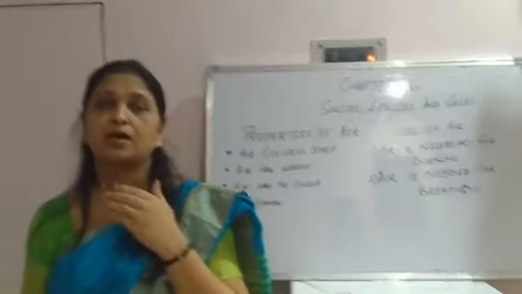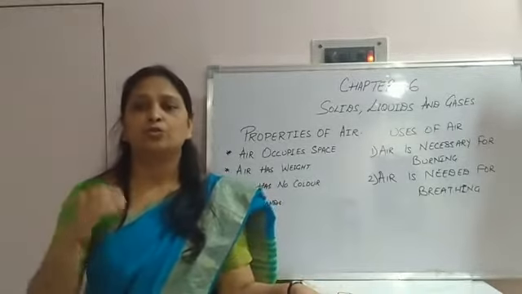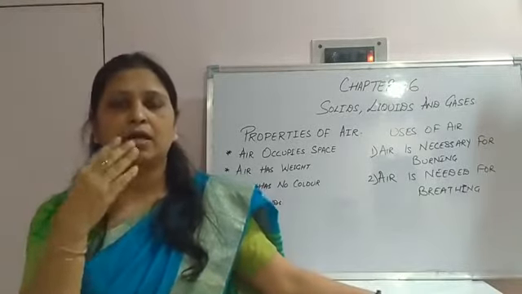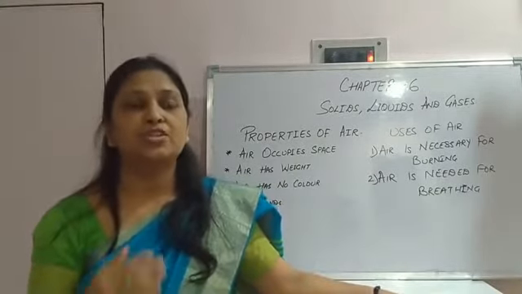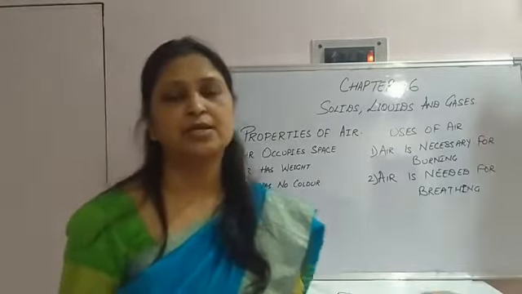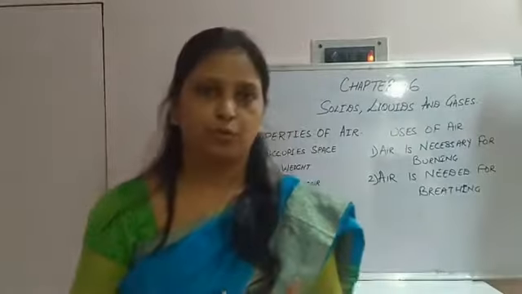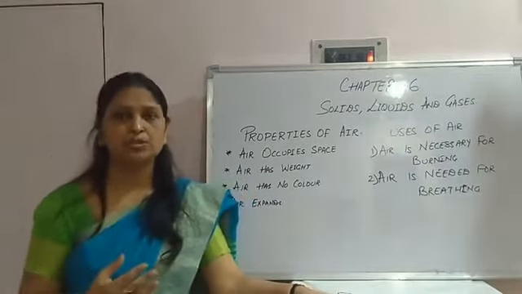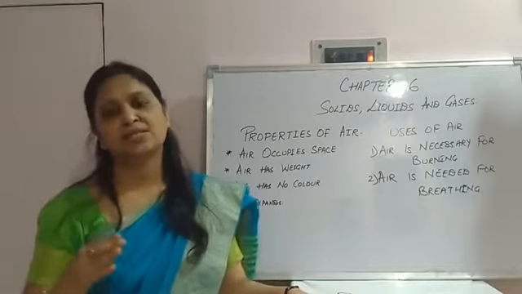Nose and mouth are the airways. Which air is coming out? Carbon dioxide. When we are breathing out, carbon dioxide is coming out of our body. So carbon dioxide coming out from our nose and mouth is known as exhalation.